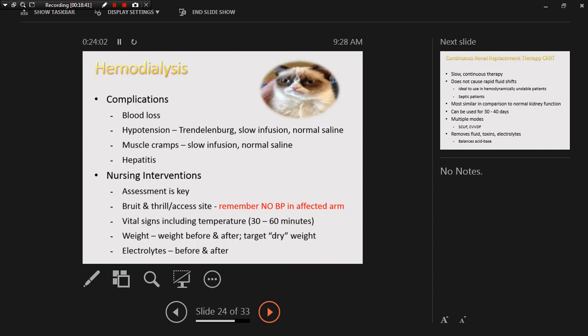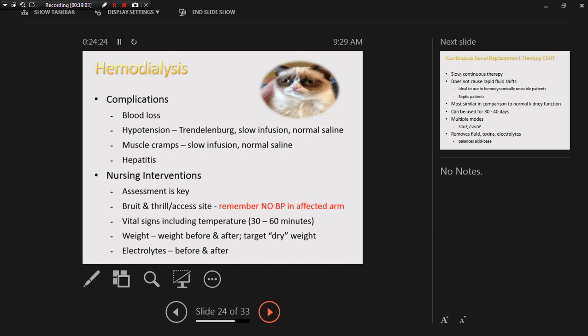Temperature is an okay thought, but I think the blood pressure is a higher component. Weight. So we're always going to make sure that we know what the weight is before and after. Patients who are on dialysis, whether it's an acute kidney injury or chronic, they always know what their dry weight is. It's just like what their baseline weight is, what we want their weight to be.